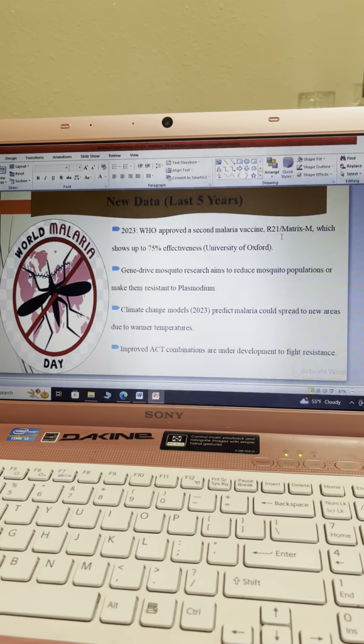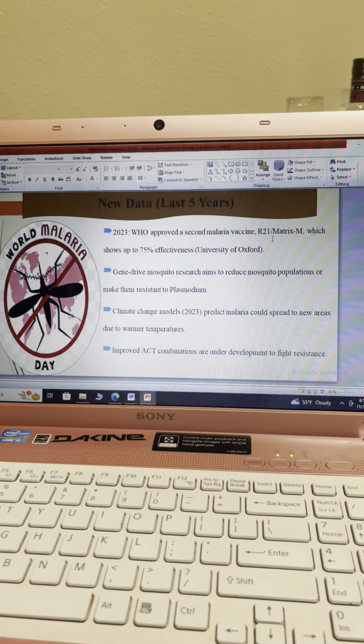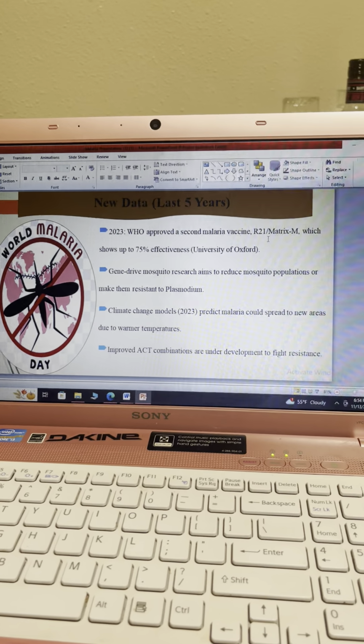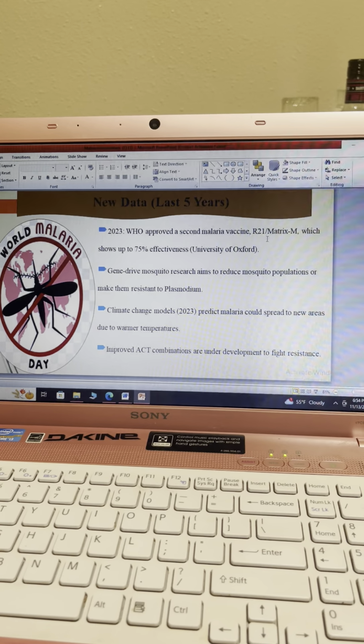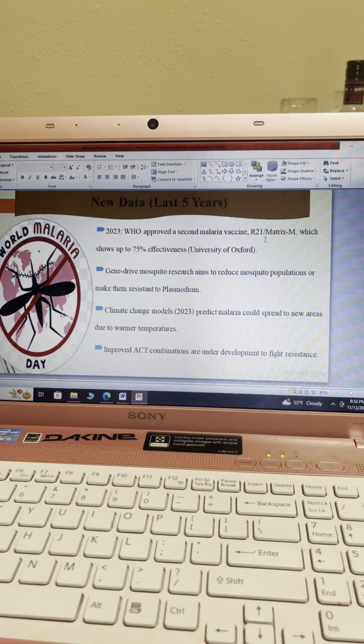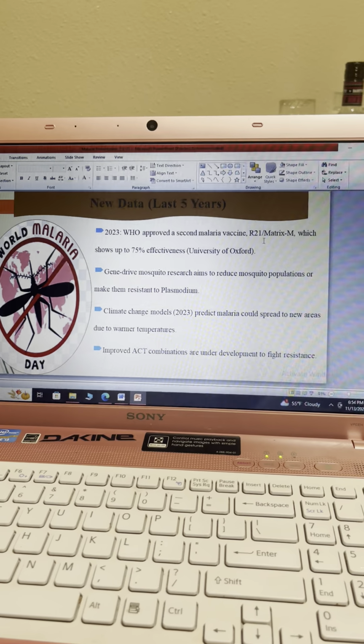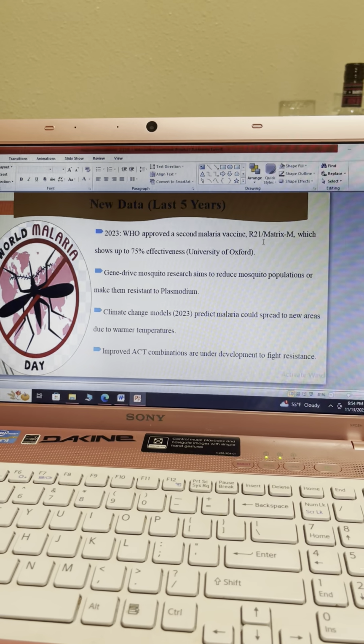New data in the last 5 years. In 2023, the World Health Organization approved a second malaria vaccine by the name R21/Matrix-M, which shows up to 75% effectiveness according to the University of Oxford.